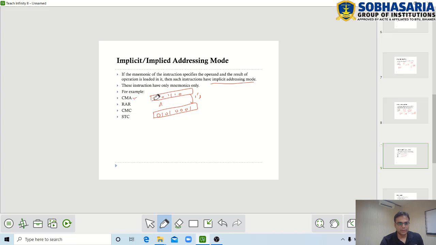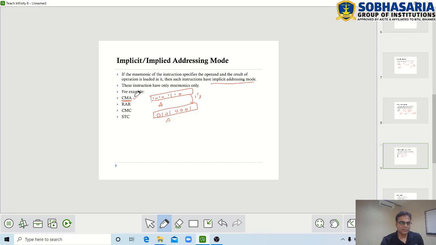So the data is available in the accumulator, and we are not writing any operand in this instruction. The data is available in a register, and that register is specified through the mnemonic of the instruction, and the result after this operation will be available in the accumulator itself. So complementing the accumulator's 8-bit data will have the result in the accumulator itself.